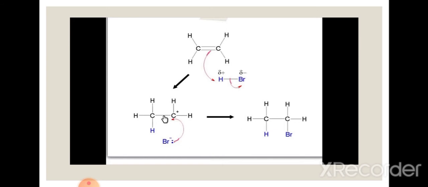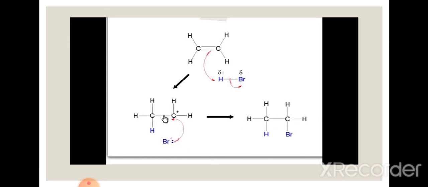The addition of unsymmetrical reagent, such as HX, where X can be a halogen: HCl, HBr, HI, H2O, etc. So the addition of unsymmetrical reagent to unsymmetrical alkenes occurs in such a way that the negative part of the adding molecule goes to that carbon atom of the carbon-carbon double bond which has lesser number of hydrogen atoms.